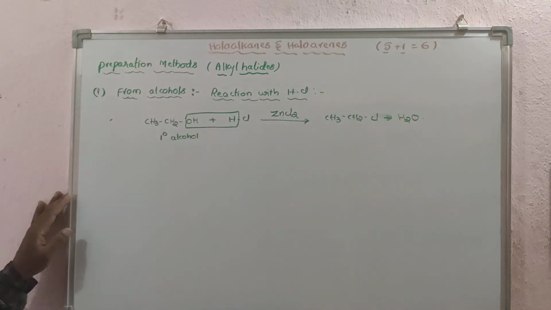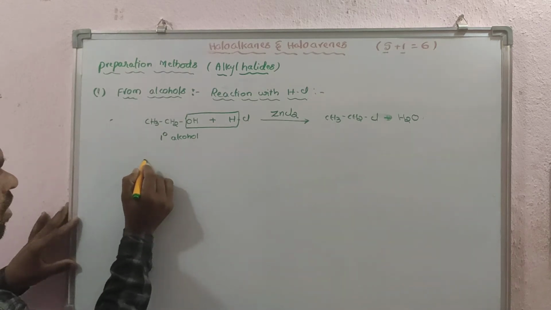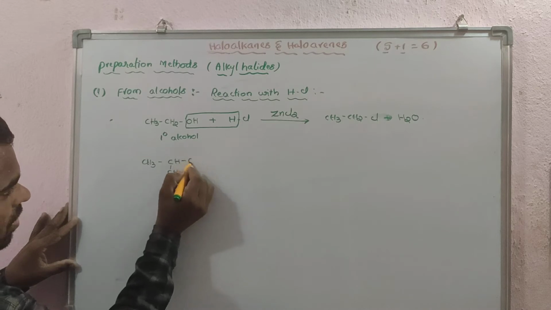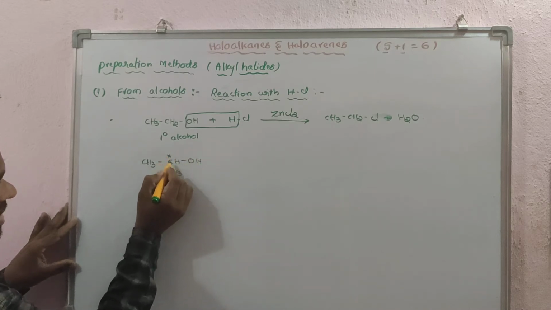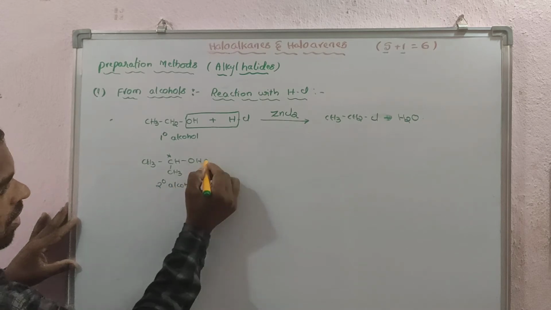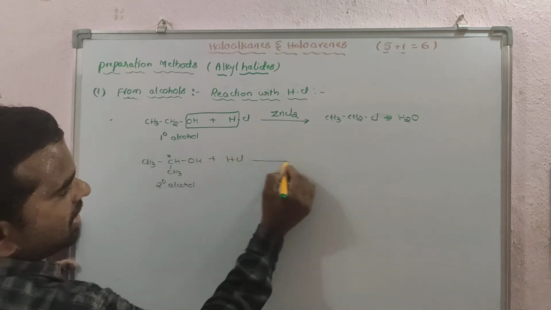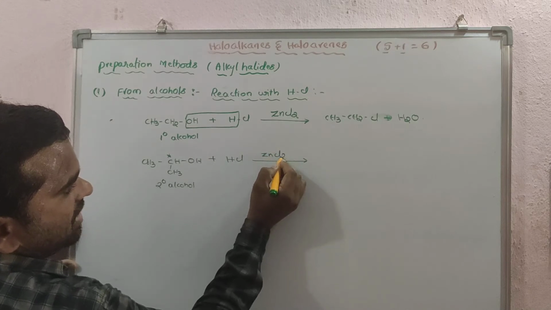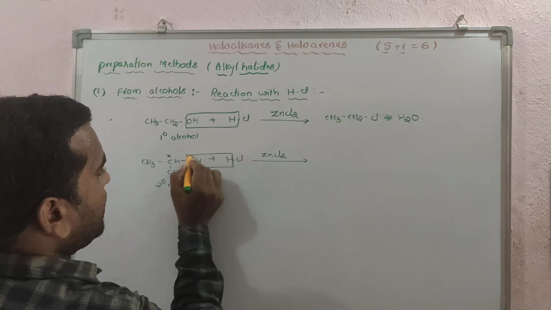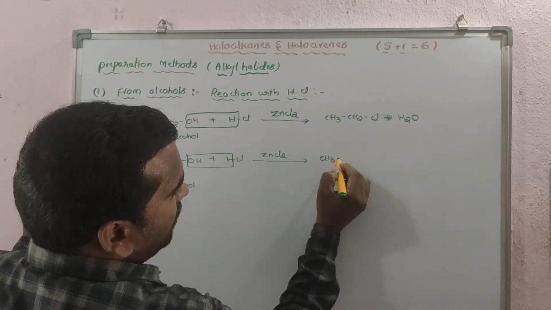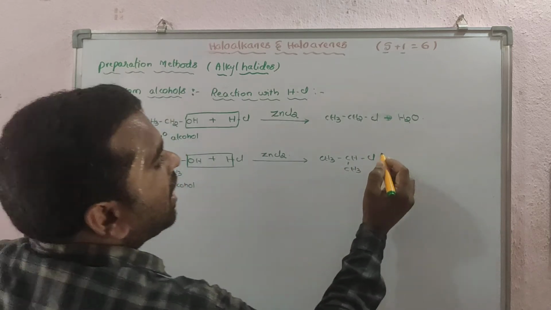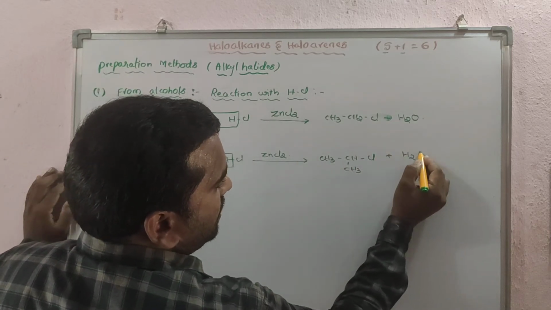If I take the secondary alcohol, this is a secondary alcohol because the OH attached carbon is attached to 2 carbons, and treat this with HCl in the presence of ZnCl2. The same reaction: remove water molecule, then you will get the secondary alkyl halide plus H2O.